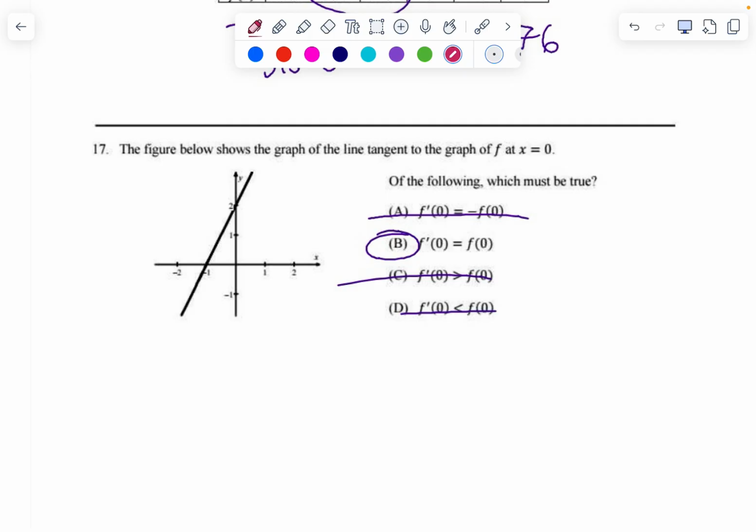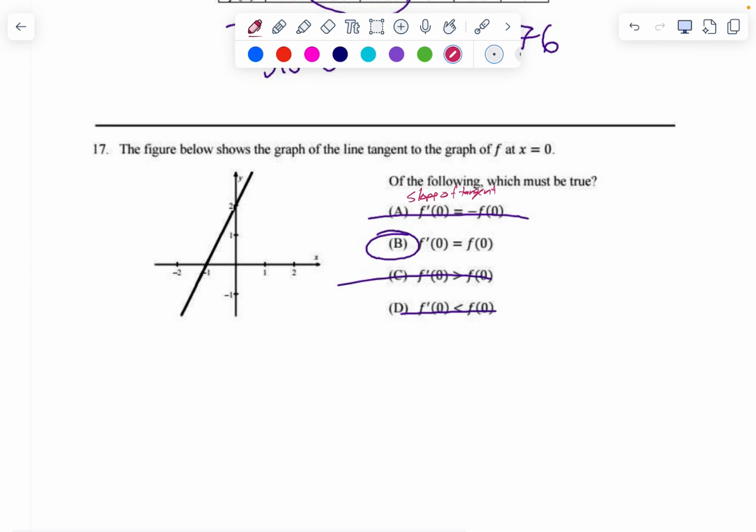Remember, f prime of 0 is the slope of the tangent line, excuse me. I'll write it: slope of tangent. Does the slope of the tangent have to equal the function's value there, or the negative or opposite of the function's value? Is that a must kind of case?